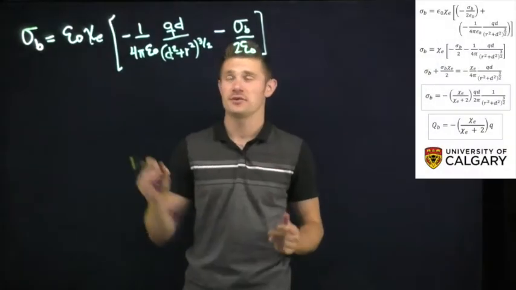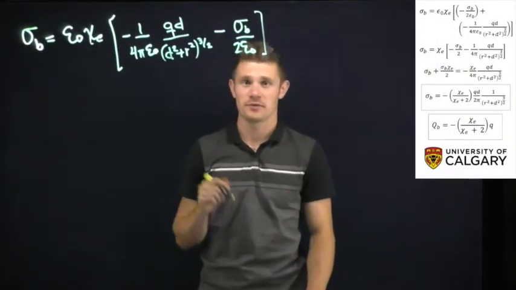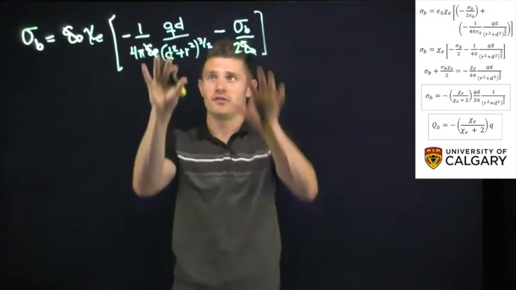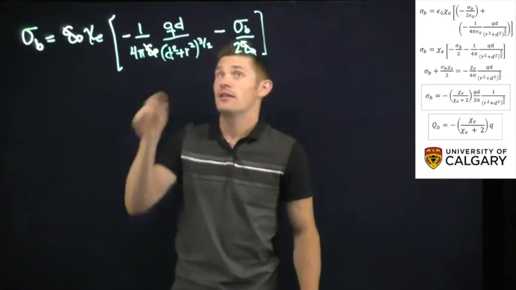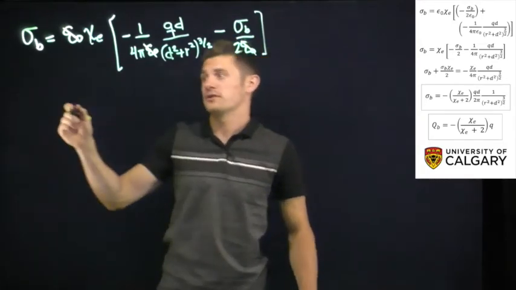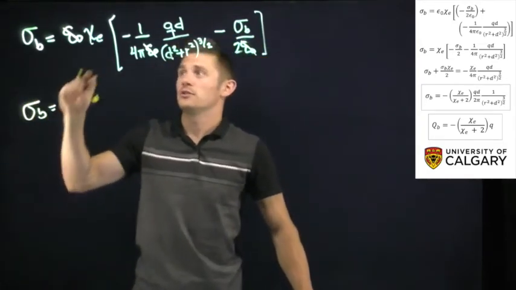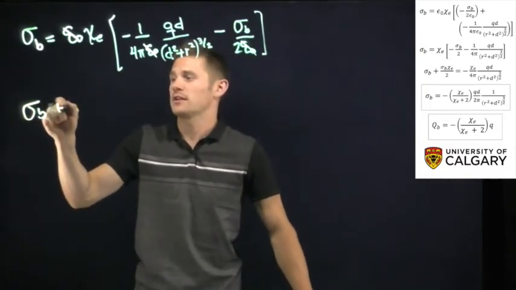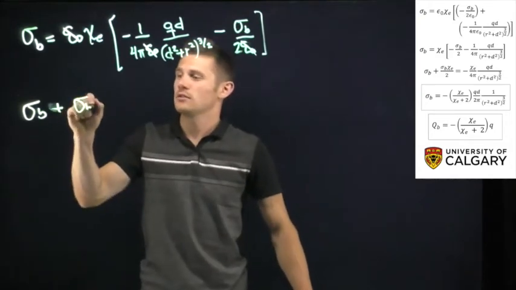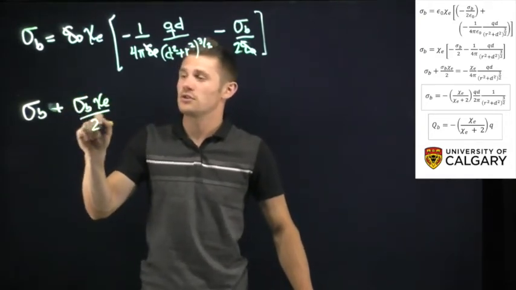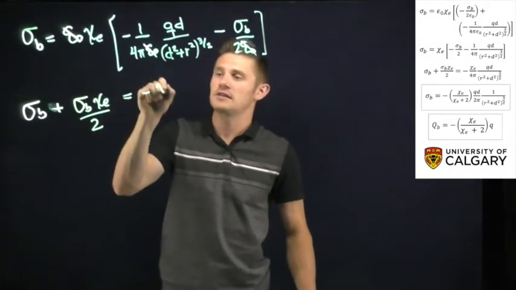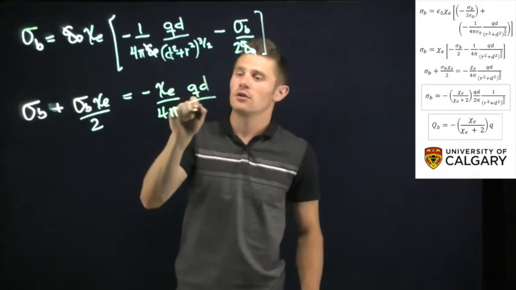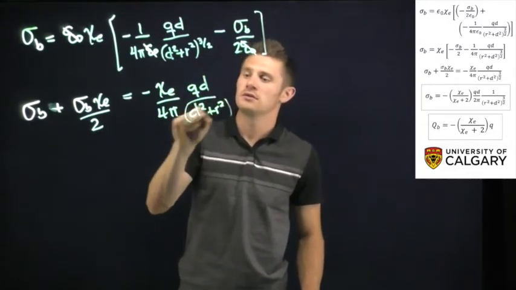So now all that's left to do is to solve for our induced surface charge sigma b. We'll start by noticing there are epsilon naughts that can cancel in the numerator and the denominator of both of these components of the right-hand side. Then we can bring this right-hand side over to the left-hand side, remembering to include our susceptibility chi sub e. So we have that sigma b from the left-hand side plus sigma b times chi sub e over 2 is equal to, if I bring the chi sub e into this bracket, over 4 pi q d over d squared plus r squared to the 3/2.